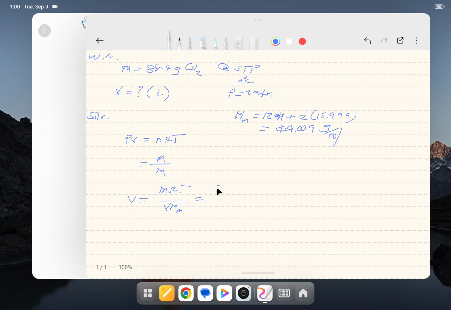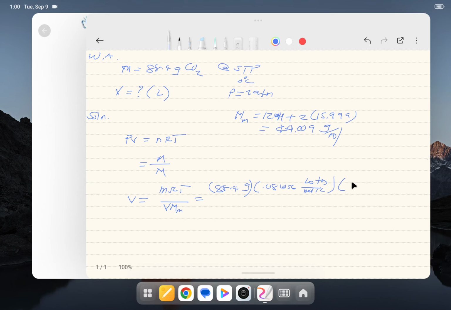So we can substitute 88.4 grams, and then the gas constant, of course, which we should be listing in your constants. That would be 0.082056, unit liter atm per mole Kelvin. How about the temperature?